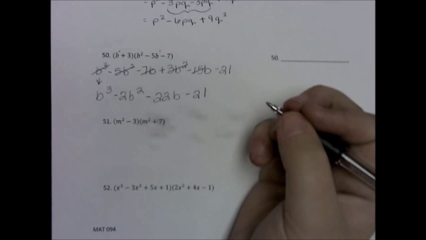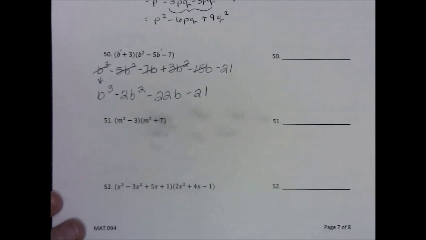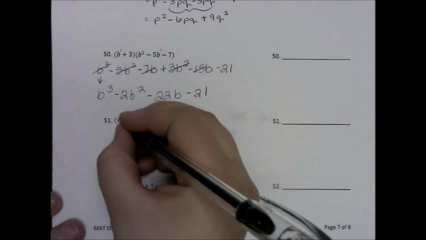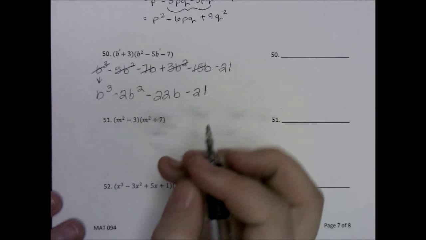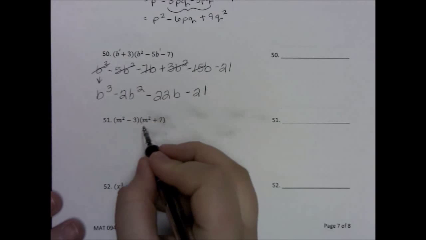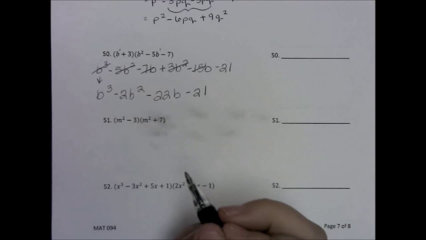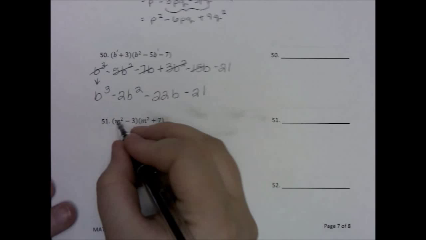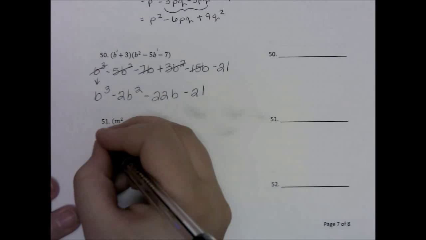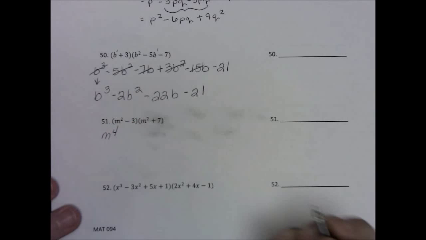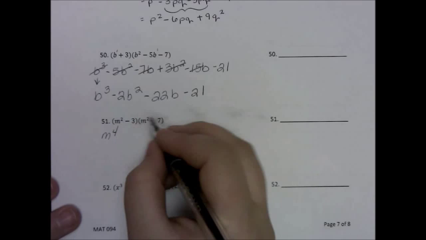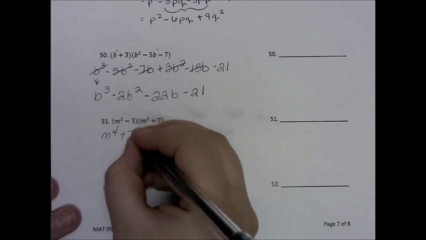Now let's move on to number 51. Number 51, we are going to multiply the m squared times everything in this set of parentheses and the negative 3 times everything inside of this set of parentheses. So m squared times m squared is m to the 4th. m squared times 7 is 7m squared.